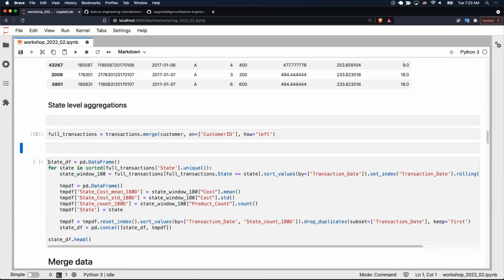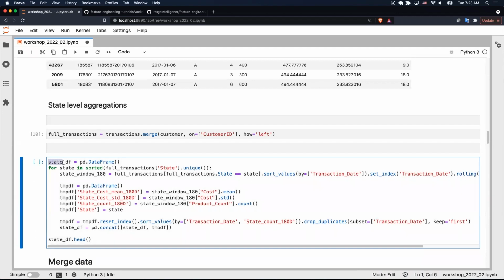And in this case, I'm going to use the state. And now I'd like to know, how does this state behave? Again, this is very powerful. It's a grouping of people that are probably similar in some way. I'd like to know how typical that customer is within that region.